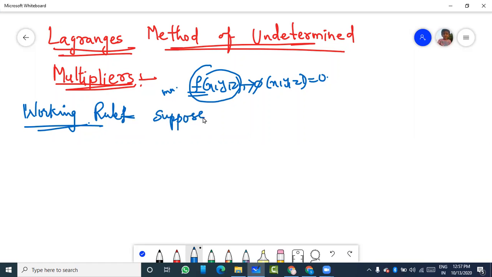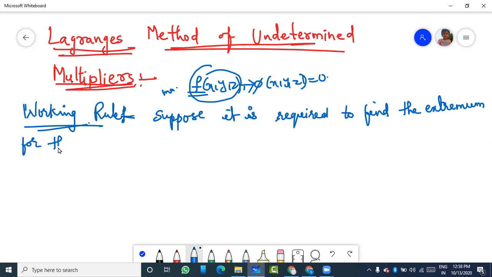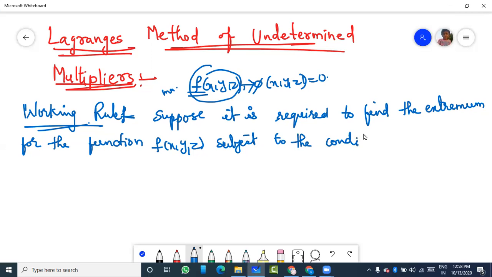Suppose it is required to find the extremum, that is, the maximum and minimum, for the function f of x comma y comma z subject to the condition phi of x comma y comma z is equal to 0.